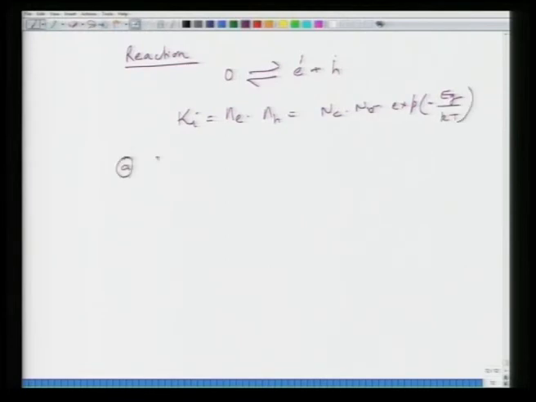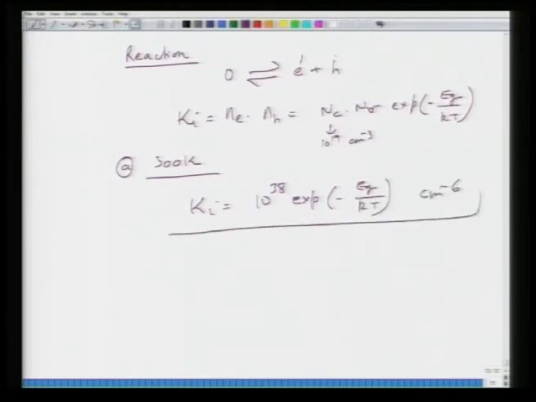At about 300 K, this Ki is approximately 10 raised to the power 38 exponential minus Eg by kT per centimeter cube, because Nc and Nv are each about 10 to the power 19, and the exponential would be 10 to the power minus 6.